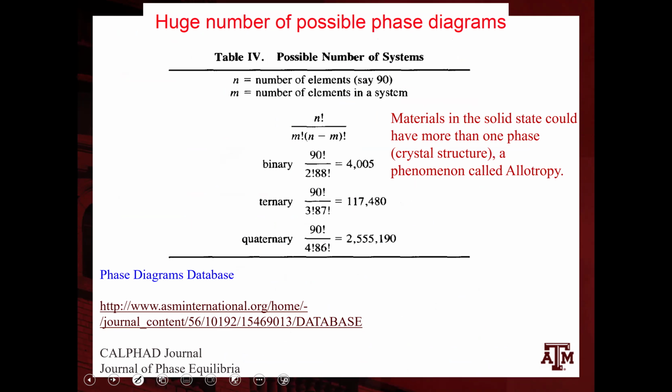So why do we have such a large number of materials? You can ask, we only have about, let's say, 90 elements on the periodic table that are not gases or radioactive, so useful for engineering applications. And that's because we can mix and match. We can have materials consisting of several elements.